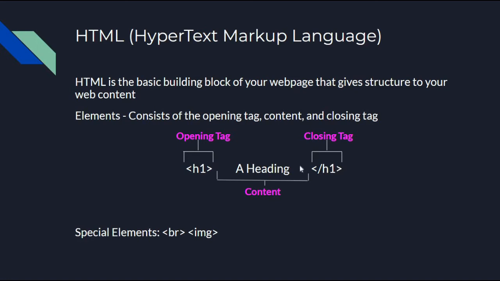Then you close your element by using this closing tag and putting the forward slash before the name of the element. So I'll go over it again. An element consists of the opening tag, the content you want to be within that element, and the closing tag.